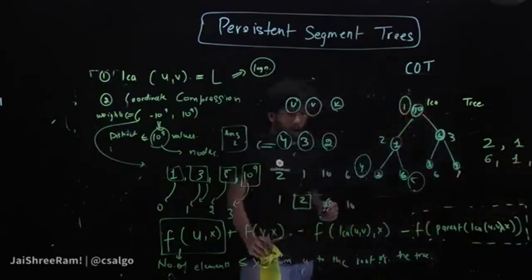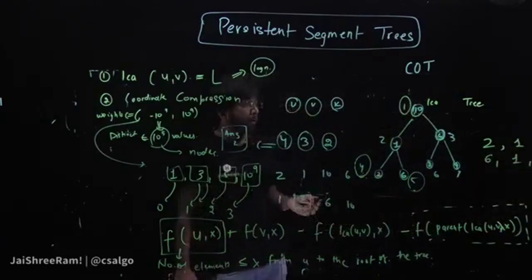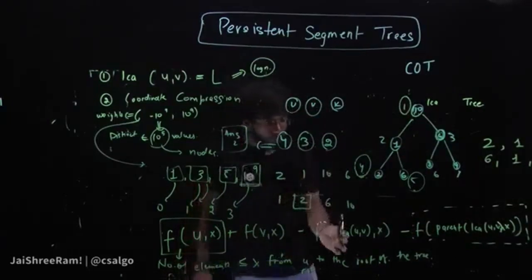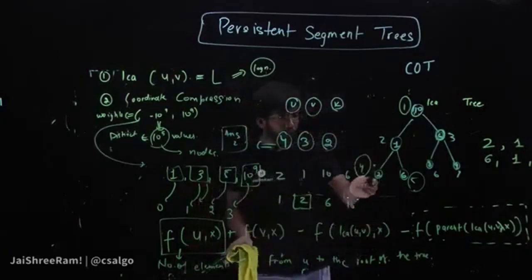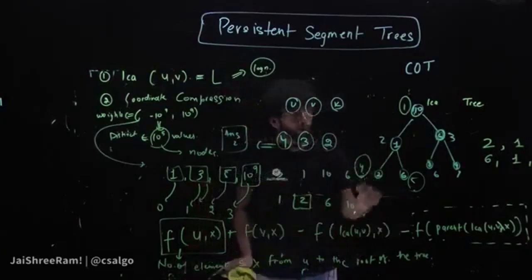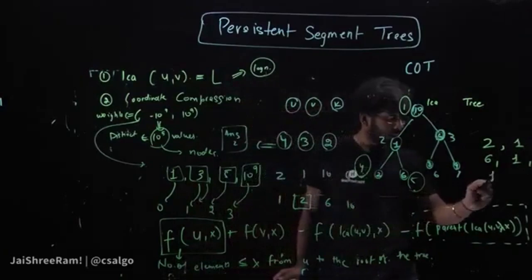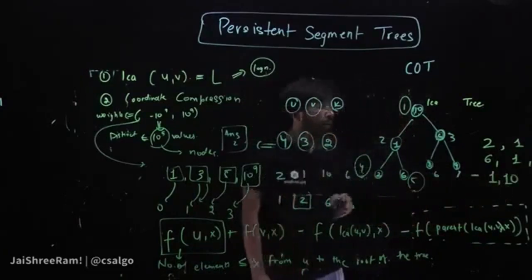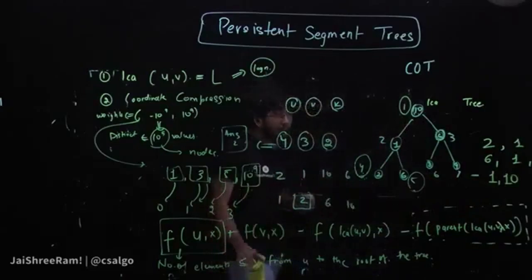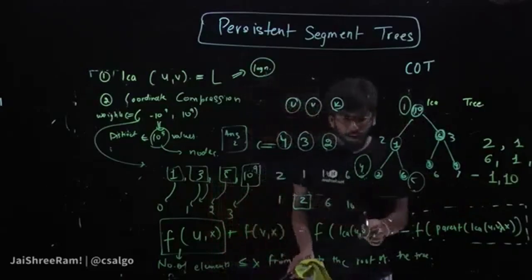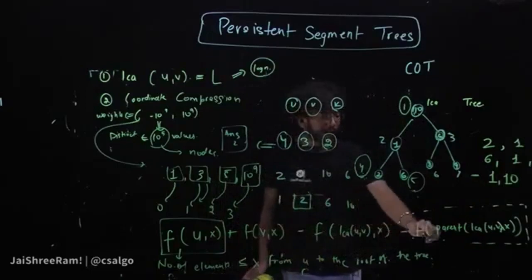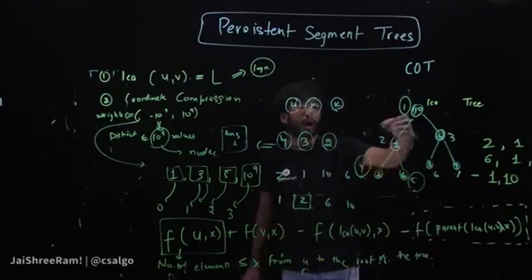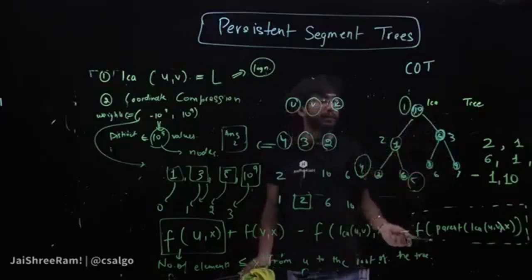Yeah, and now I need to subtract all the elements that are from the LCA of the nodes 4 and 5 to the root of the tree, which is 1, 10. And now if I write f of LCA u v x again over here, then actually I'll remove this 1 again, which is not the desired case.